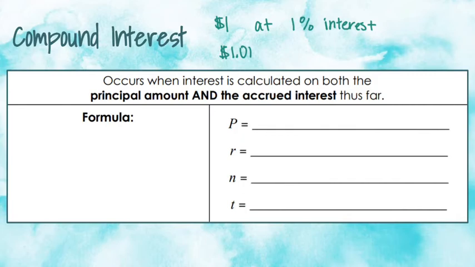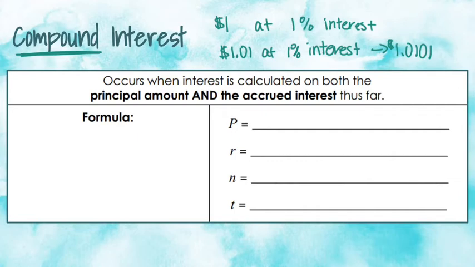But then whenever that gains interest again, it's going to gain interest on the interest. So it keeps compiling, or compounding. And so that 1.01 is going to turn into 1.0101. And it's going to take a long time to build up, but it's going to keep building on itself. And so you gain interest on the interest.